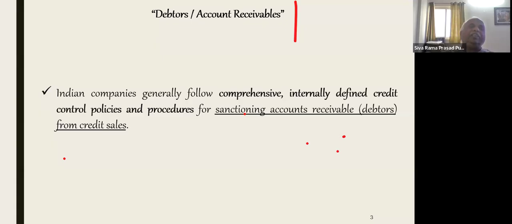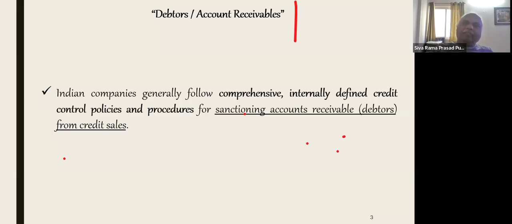Wholesalers will ask for 30 days or 60 days credit, or the shops will ask for 30 days, 15 days. So cash and carry sales is not possible in any company, whether it is pharma, textile, sugar, iron and steel, or even today an infrastructure company.